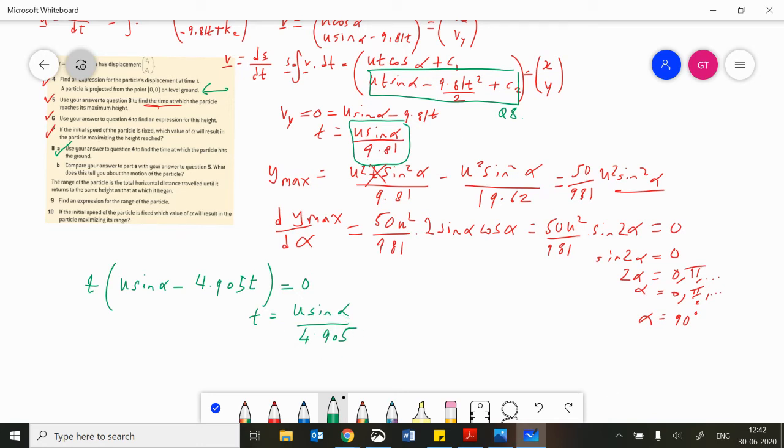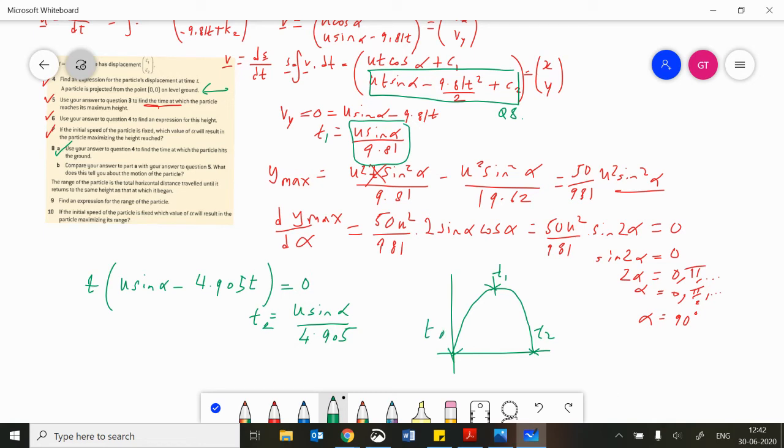So let's call this one T1 and this one T2. T1 is the point at the top, and the point at the bottom has a time of T2, and we could call the time at the start T0 if we wanted to.